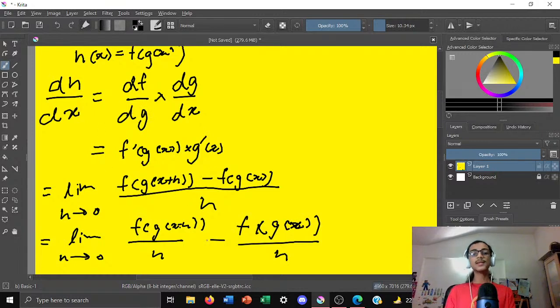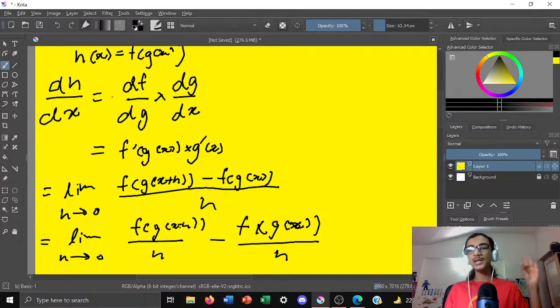If we can manipulate this into a form where we have a tiny change in f of x over a tiny change in g of x, we can simply rewrite that as the derivative of f with respect to g of x, right? So instead of taking the derivative of a function with respect to x, we take it with respect to another function, right? That is the hint with which we need to work to prove it.